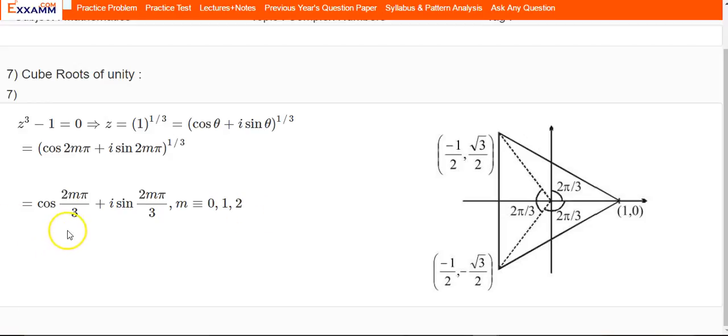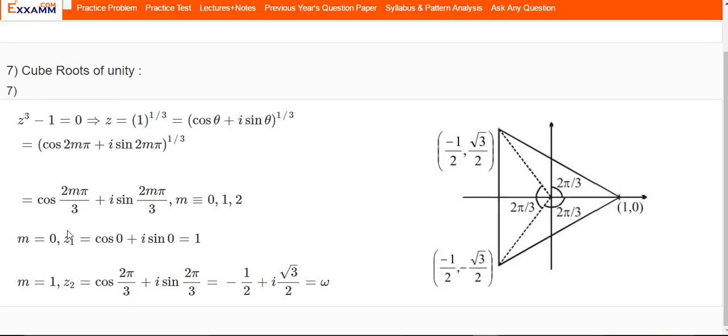Now if we expand this, then what do we get? For 0 we get obviously 1, and for m is equal to 1, we get cos 2π by 3 plus i sin 2π by 3, that is minus 1 by 2 plus i root 3 by 2.